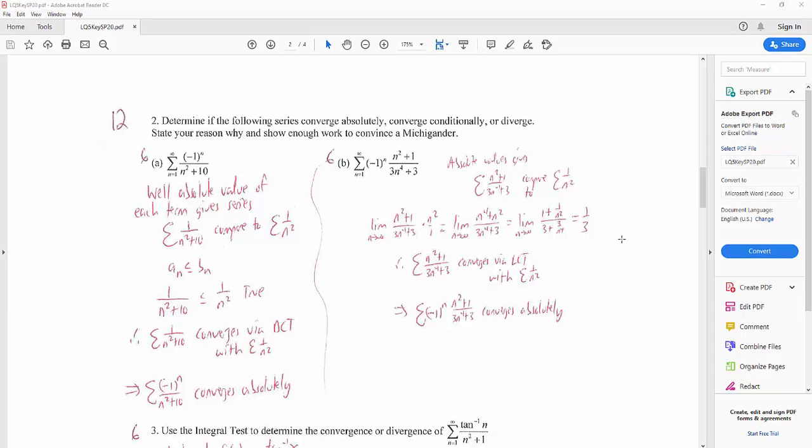When I crank it through the limit comparison test, I get the limit to be 1/3, which tells me the series n squared plus 1 over 3n to the fourth plus 3 converges thanks to the limit comparison test with the series 1 over n squared. And since that series was the absolute value of each term of the given series, I now know my given series converges absolutely.